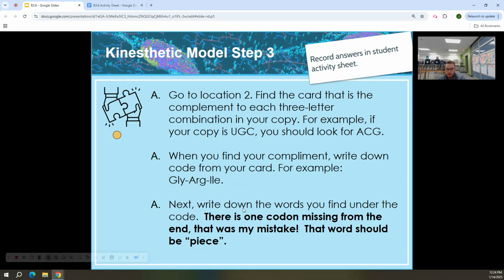Okay, when you find that complementary card, write down the code from your card. For example, it could be glycine, arginine, and I don't remember what amino acid that is, but ILE, doesn't matter. Those are just 3-letter abbreviations for different amino acids. So just write down those that are on the back of the card. So you flip the card over, and it's going to have a sequence of 3-letter codes that you write down.